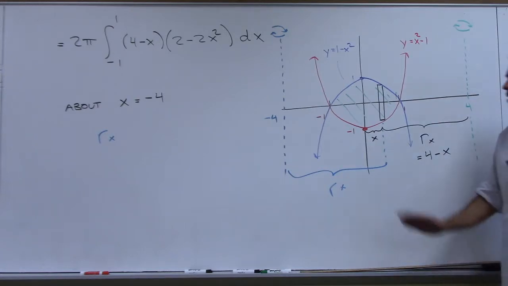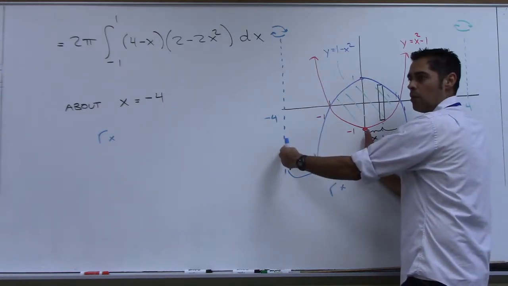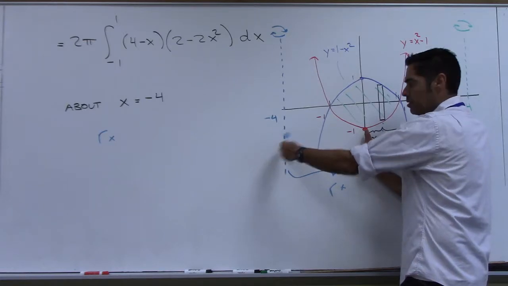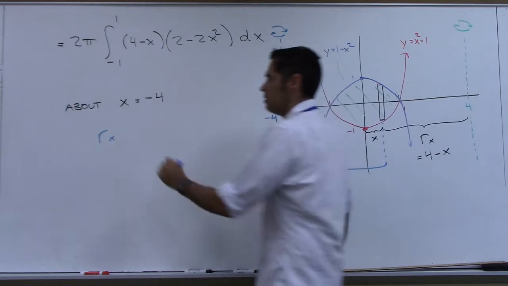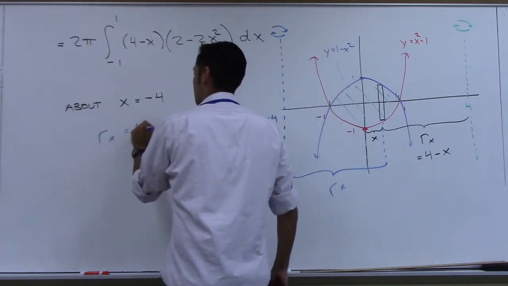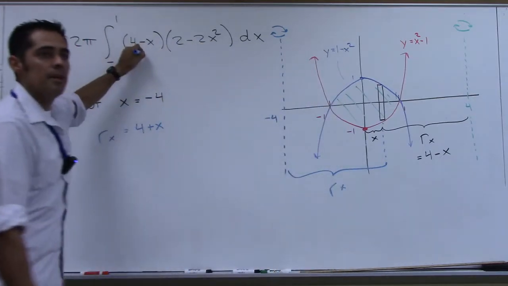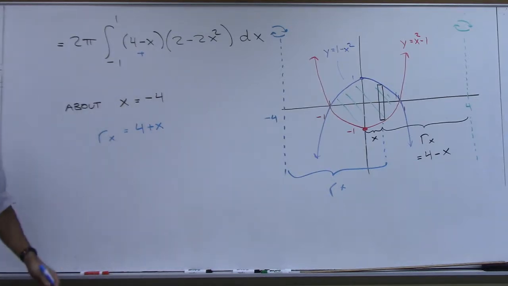Plus, right? This distance from the origin to here is 4, as a magnitude, and then you have to add the x. So 4 plus x. So all it would do is change that right there to a plus. That would be the only difference in the problem. Understand?